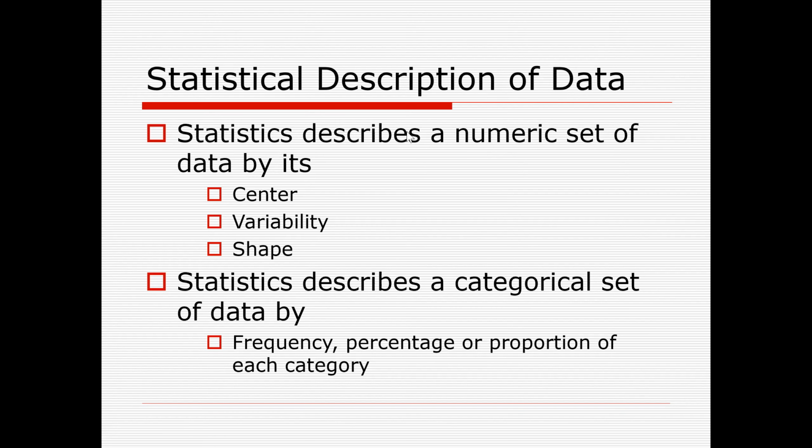You can appreciate that statistics describe a numeric set of data by its center, by its variability, by shape. When you say description by center, you are talking about measures of central tendency. And what are the measures of central tendency? Who can help us? Quickly. What are the measures of central tendency?